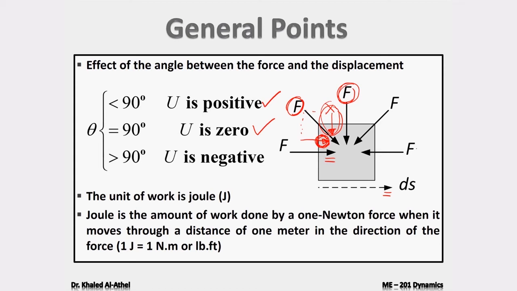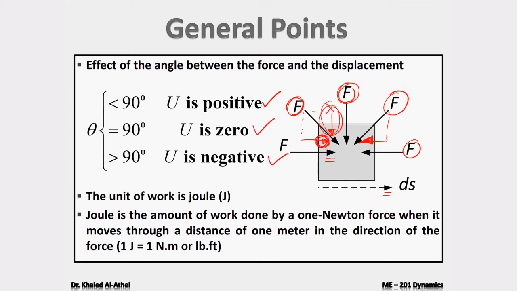Finally, if you have a force that is opposite to the displacement or has a component that is opposite to the displacement, then you get a negative work. Basically, you can rewrite these three as: if theta is less than 90 degrees, then U is positive. If it's equal to 90, then you have no work done. If it's greater than 90, then the work is negative.